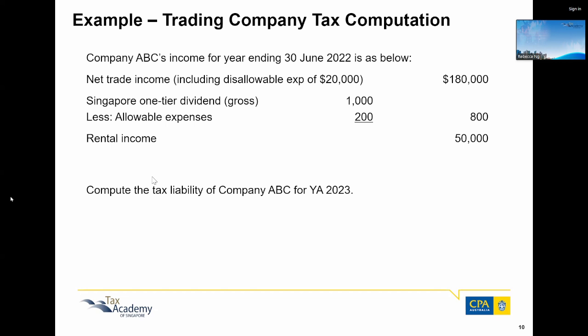And we have other sources of income, like the Singapore one-tier dividend income, a gross amount of $1,000, less the direct expenses attributable to the separate source income of $200 to arrive at $800, and a rental income of 50,000. So we have three classes of income here. We need to compute the tax liability for company ABC for the year of assessment 2023.